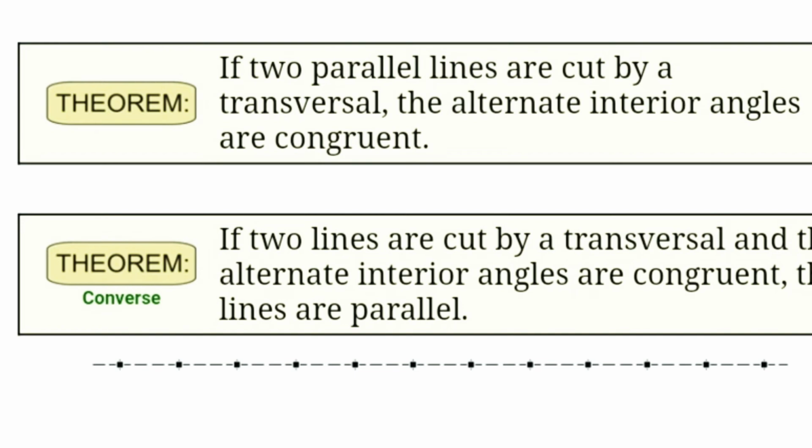Converse of the theorems will help you when you have to prove whether the lines are parallel or not. If the theorems are satisfied, the lines will be parallel. Else, they will not be parallel.